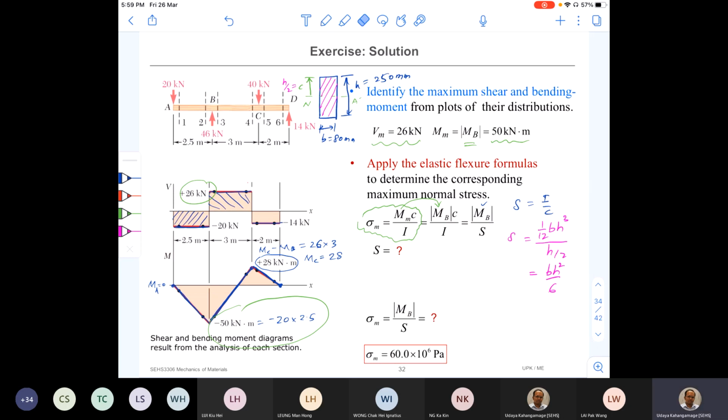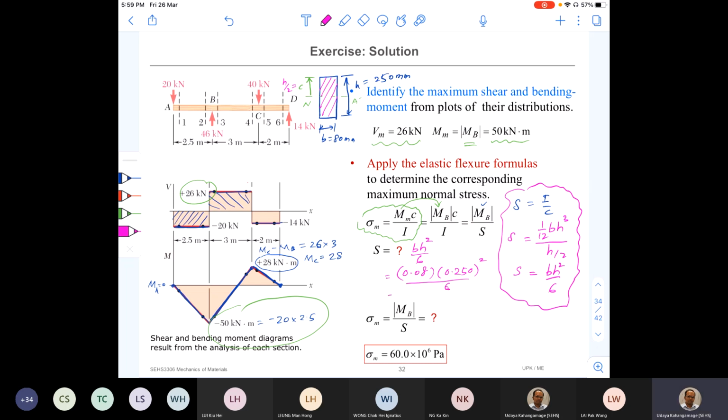So this is S. This is how we find the relationship of S in terms of the width and the height of this section. So now I can write S here as BH squared over 6. What is the value of B? B is 80 millimeters, that is 0.08, and H is 250, that is 0.250, squared divided by 6.